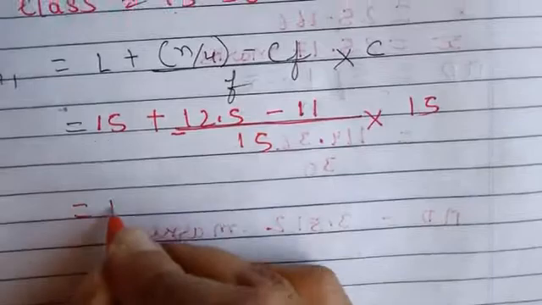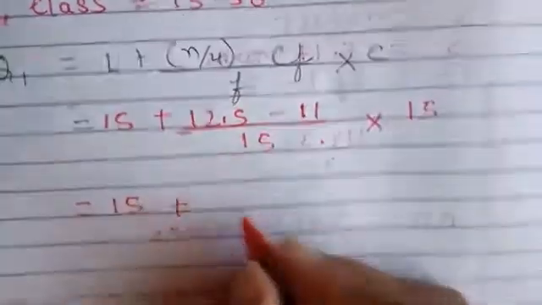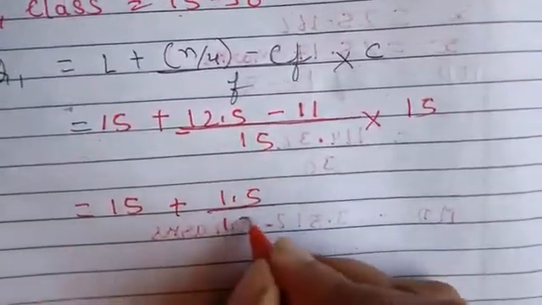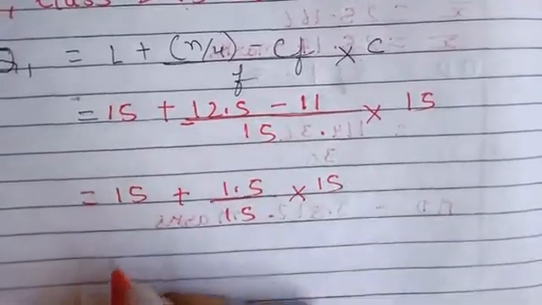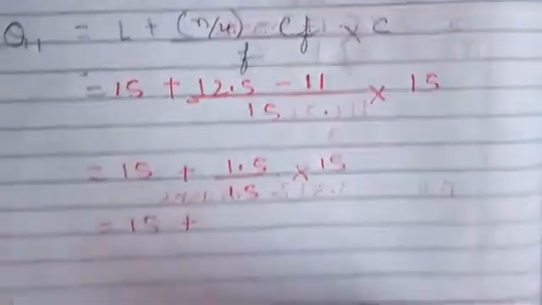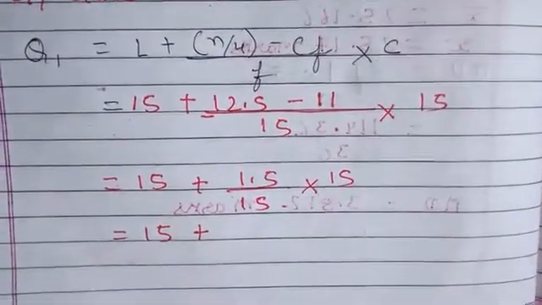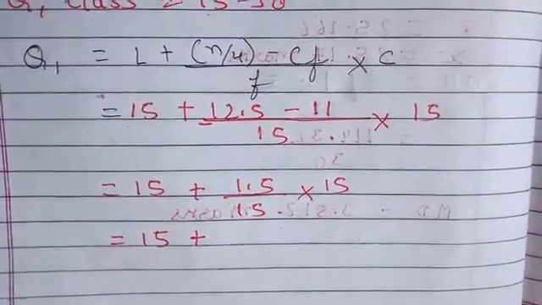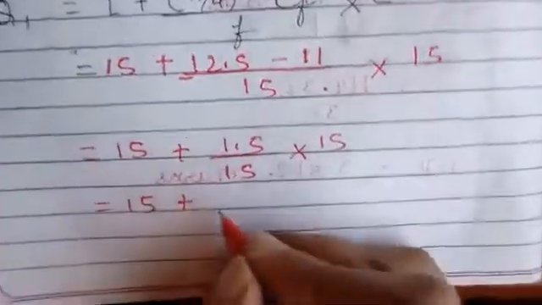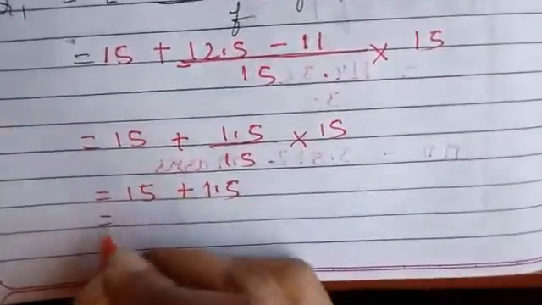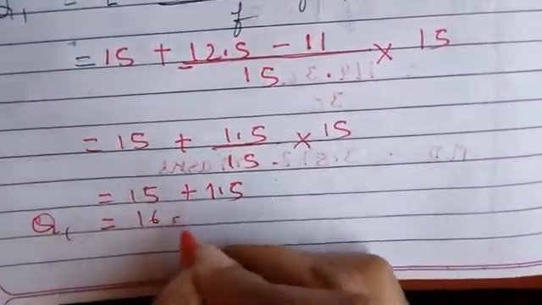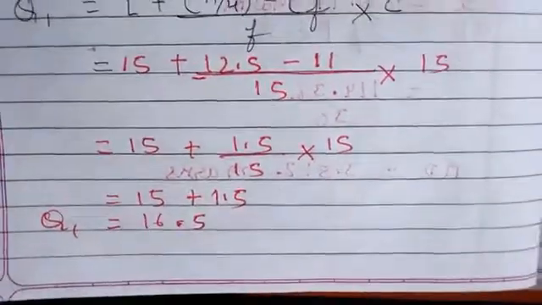So we will calculate 15 plus 12.5 minus 11 is 1.5 upon 15 into 15. So that is equal to 15 plus 1.5 into 15 divided by 15, which will give us 1.5. So our Q1 is equal to 16.5.